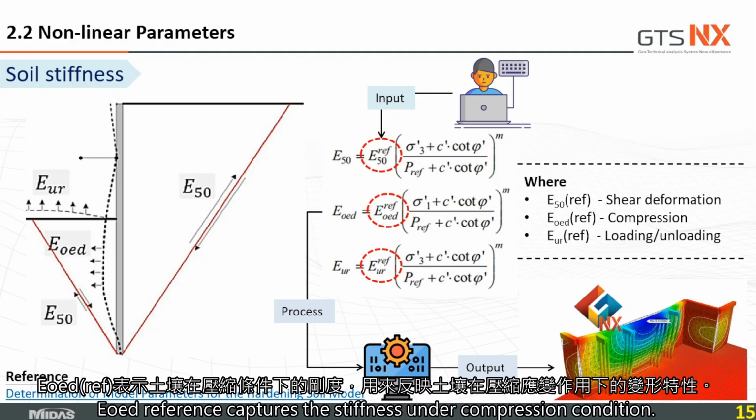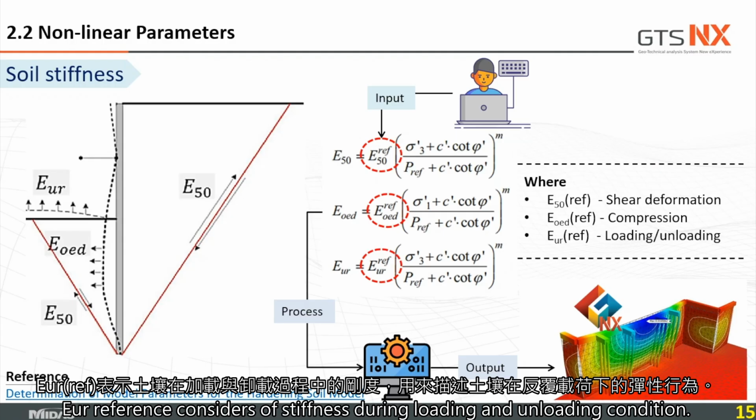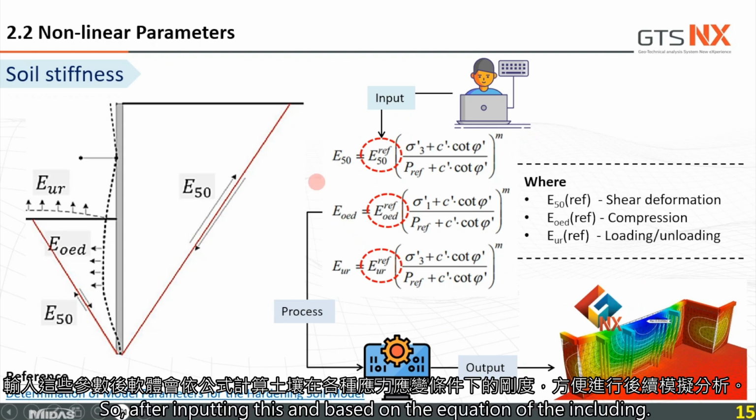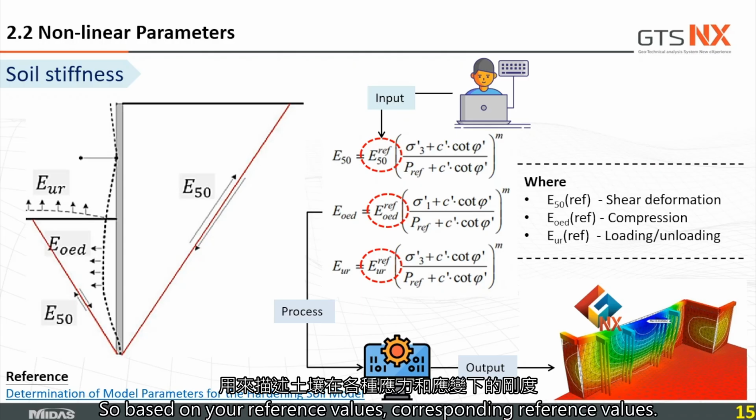EOED reference captures the stiffness under compression condition. EUR reference considers the stiffness during loading and unloading condition. After inputting these, based on the equation, the software will calculate E50, EOED, and EUR based on your corresponding reference values.